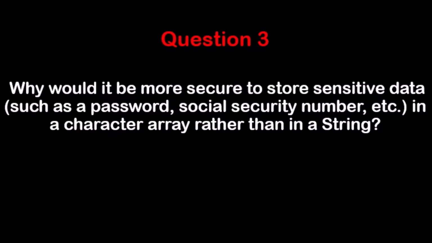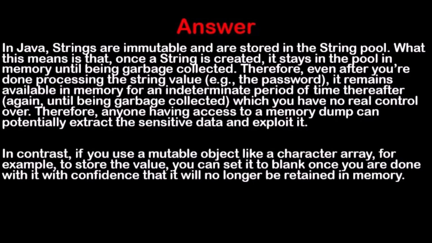Question number 3. Why would it be more secure to store sensitive data such as a password or social security number in a character array rather than in a string? Answer. In Java, strings are immutable and are stored in the string pool. What this means is that, once a string is created, it stays in the pool in memory until being garbage collected.